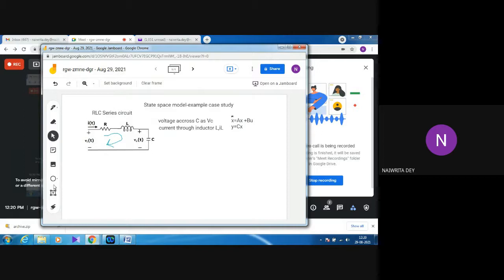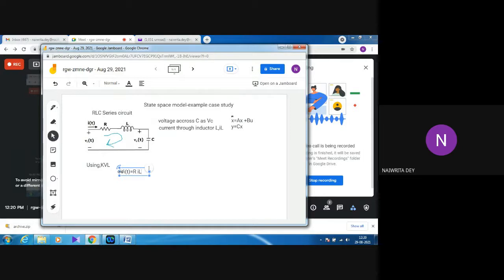So precisely, we will try to write down the current-voltage relationship of this particular RLC circuit. Using KVL for this loop, that is Kirchhoff's voltage law, we can write down the state equation, which is VI, that is the input, equals R into IL.